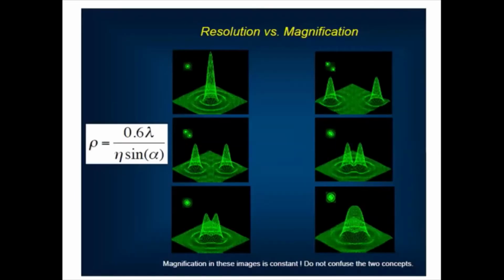Resolution can be understood in an easier manner from the intensity profiles on the detector that I have illustrated. The green graph shows the intensity profiles on the detector, and the left hand side green circle denotes the presence of an object.